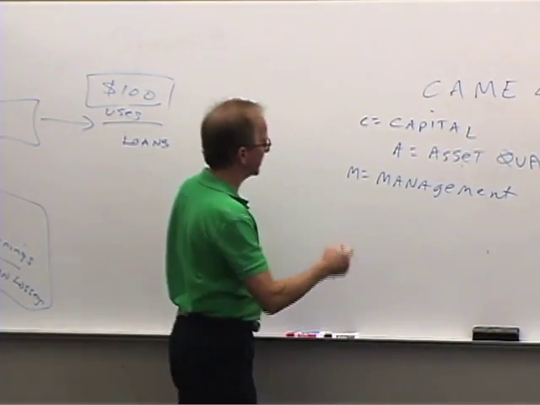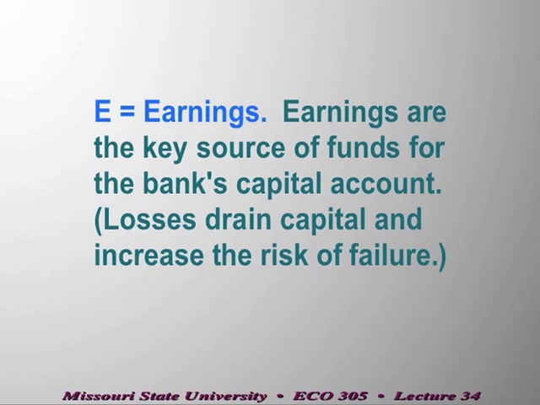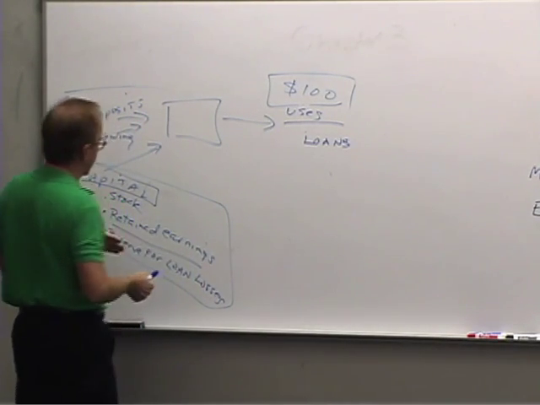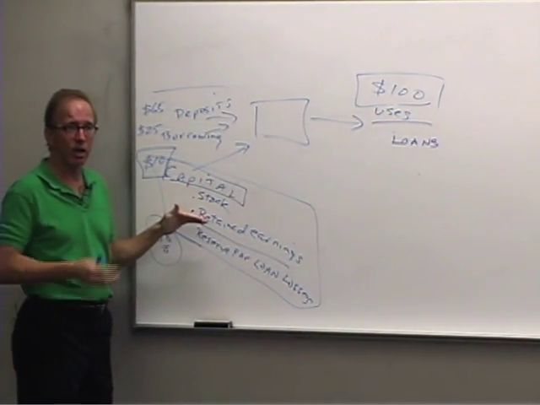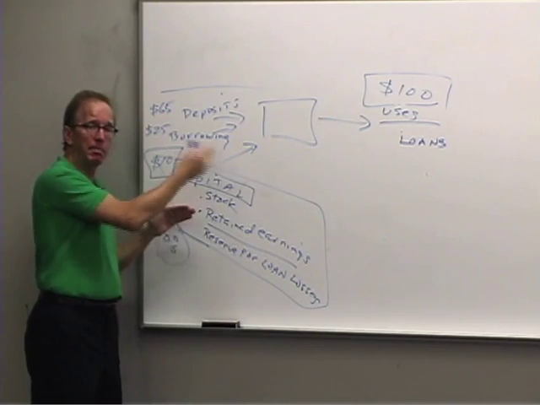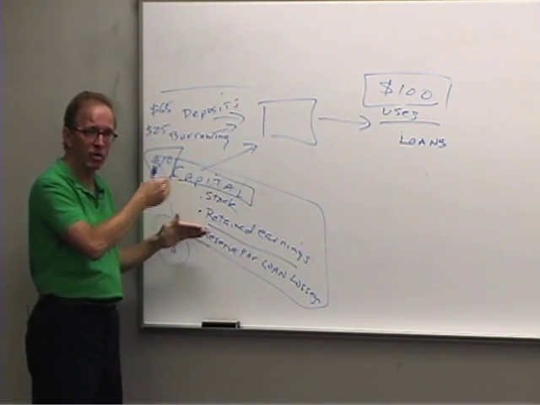E. Earnings, or profits, right? They look at current earnings, but they're also making a projection about the future. Most of the capital that banks have comes from earnings, from their profits that they don't pay out as dividends, and they keep plowing that back into the bank's operations.